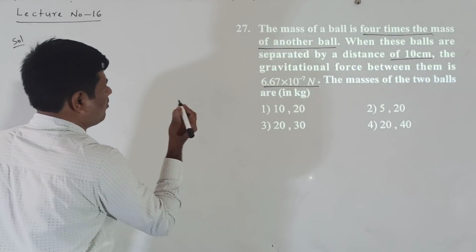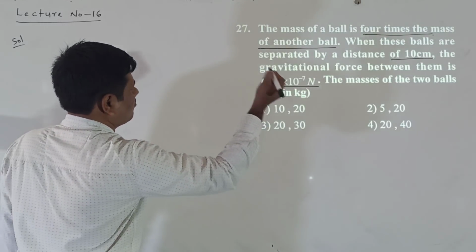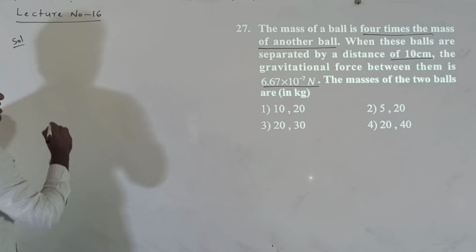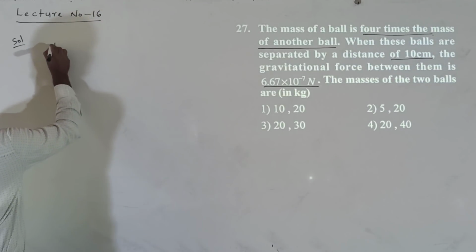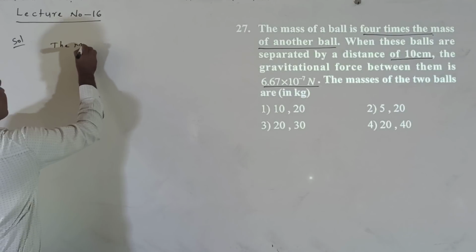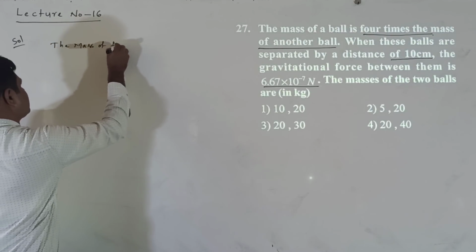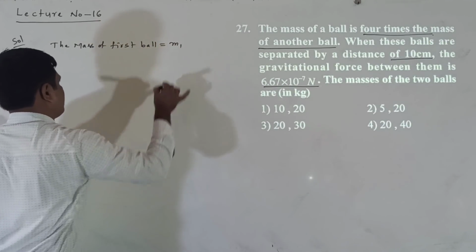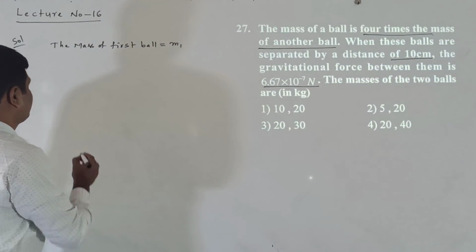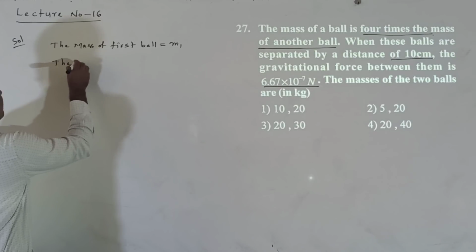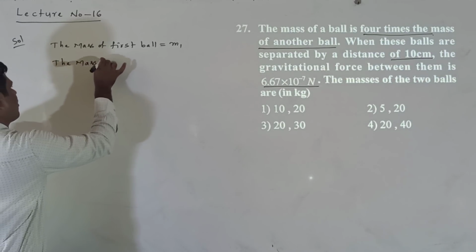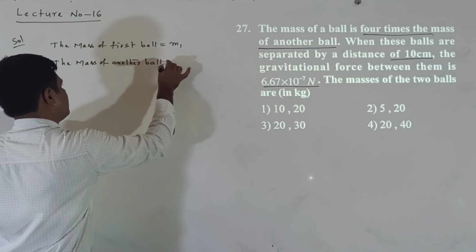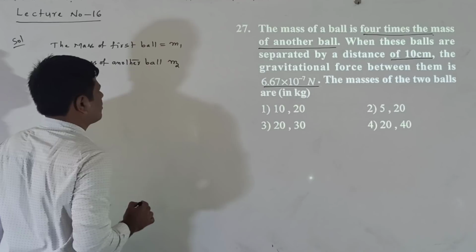Here the mass of one ball is 4 times the mass of another ball. First ball mass I consider m1, and the mass of another ball, the second ball, is m2.